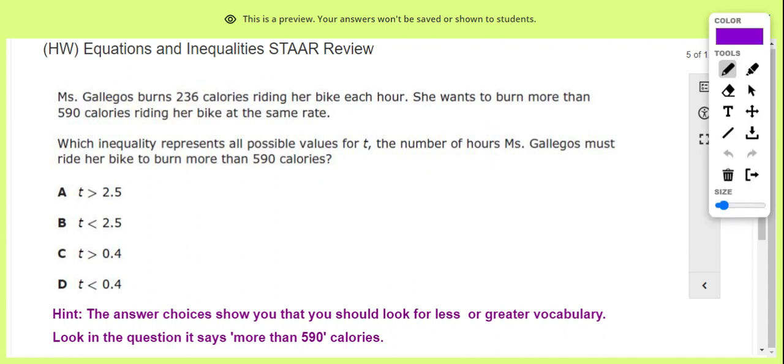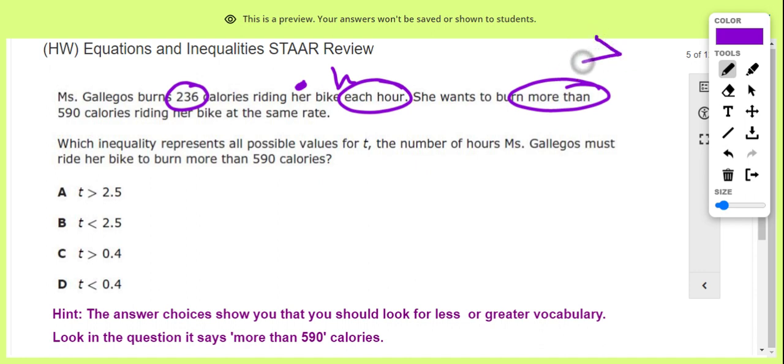So Ms. Gallegos burned 236 calories each hour. So you're multiplying by the hours. And she wants to burn more than 590. More than means it's going to go towards the more side. More is greater than.